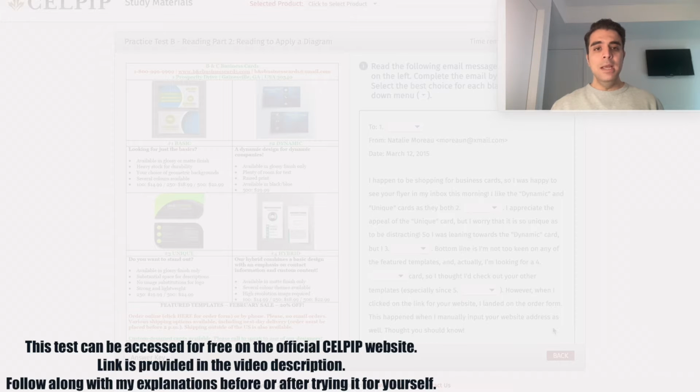So as you can see here, we have 4 main options. We have the basic, the dynamic, the unique, and the hybrid. So first step, I just look at the different options that I have. Now, what's being compared? If you look at the bullets, each bullet represents a feature, right? And we want to see what these features are.